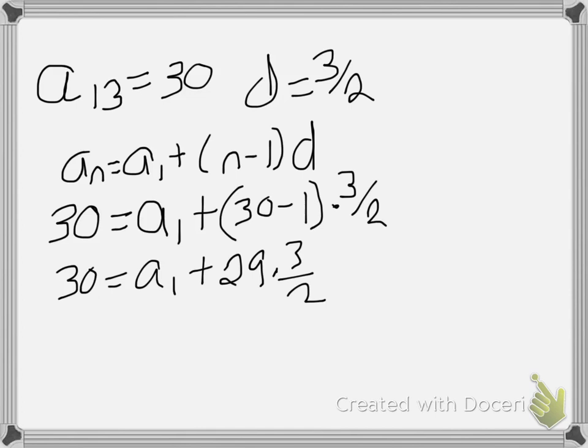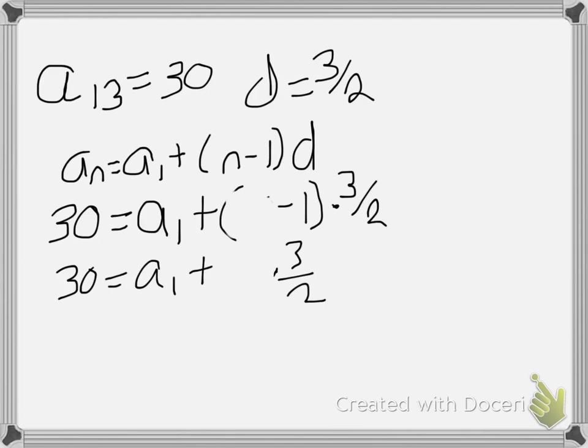Yep, made a mistake. What did I do? Well, remember, a sub 13 is 30, so n is not 30 at all. All right, let's try this again. The mistake I made was I said that n was 30, but it's not. It's a sub 13, so this is the number 13. This is the 13th term.